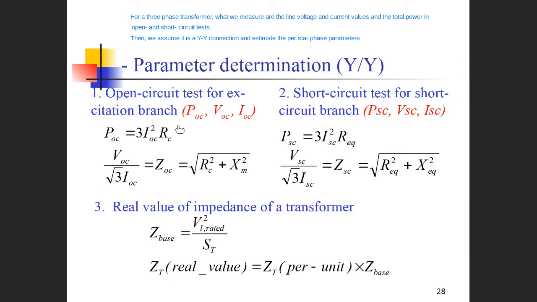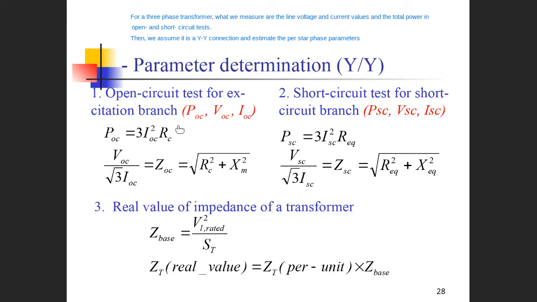So we apply the three line voltages to the low voltage side and monitor the input currents. Once again, three input currents, so three line currents.